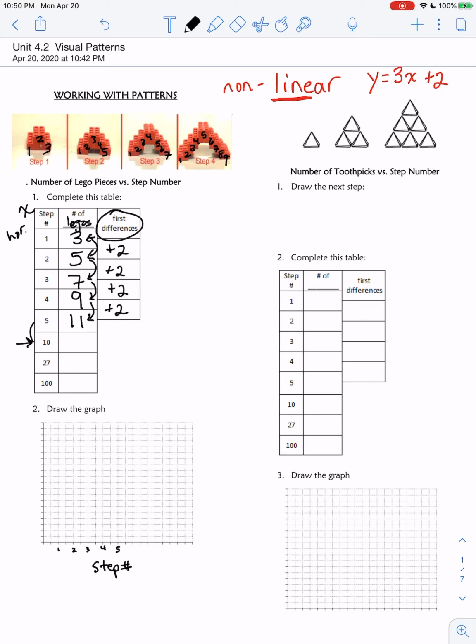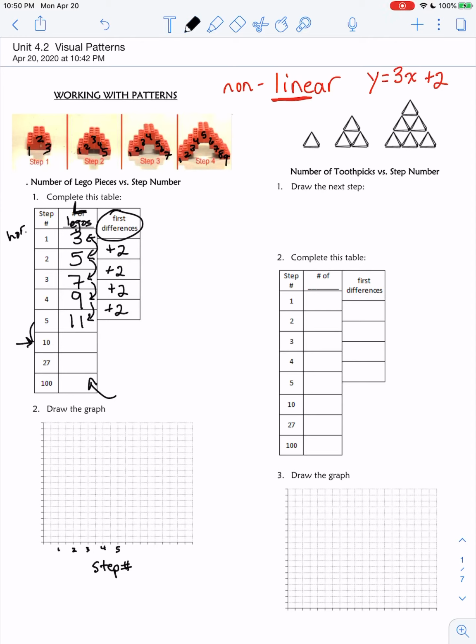And then the second column, that's the one that we looked at, and we just picked whatever step it was, and the number in the second column depended on what step we were looking at. So it's the dependent variable, the number of Legos, and let's call that L. And I think instead of calling this X, I don't like X sometimes.